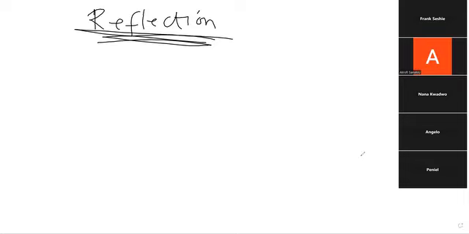If you are flipping something, you flip it along a line. So every flip is along a line. A very typical example of reflection is opening the pages of a book. Because if you are opening the pages of a book, you are flipping.